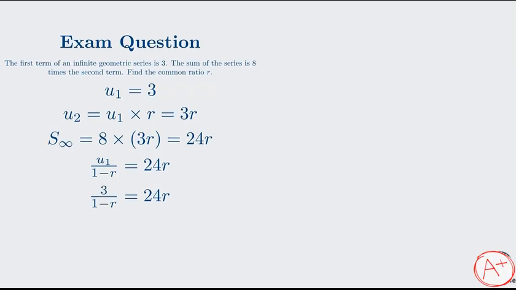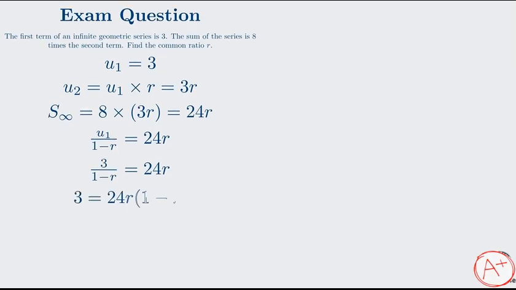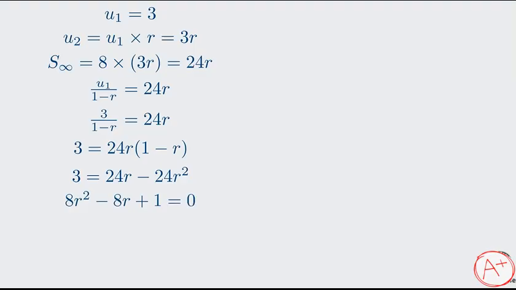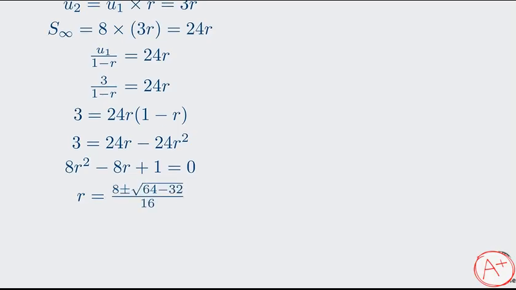Substitute our value for u1. To solve for r, we multiply both sides by the denominator. Expanding the brackets, 3 equals 24r minus 24r squared. This is a quadratic equation. Let's move everything to one side and simplify by dividing by 3. Using the quadratic formula, where a is 8, b is -8, and c is 1.